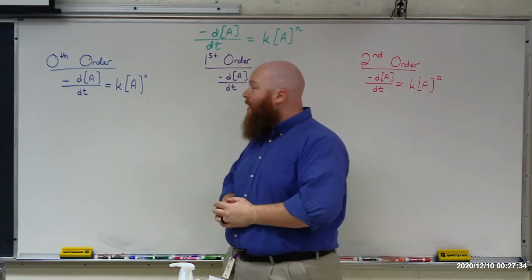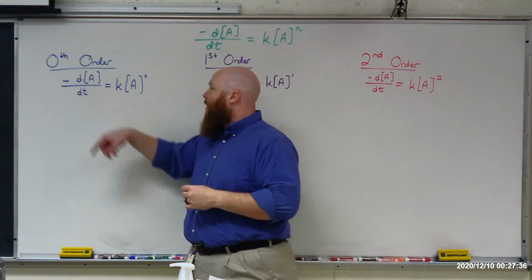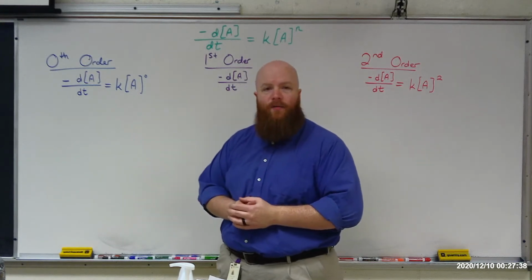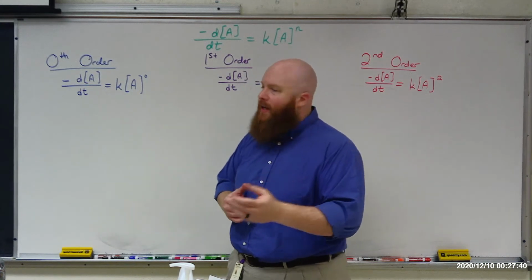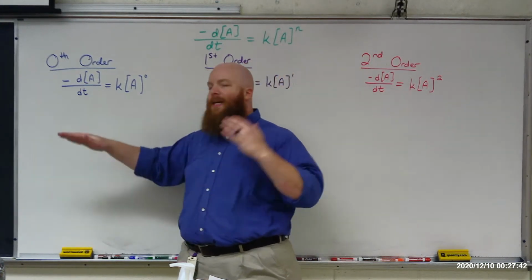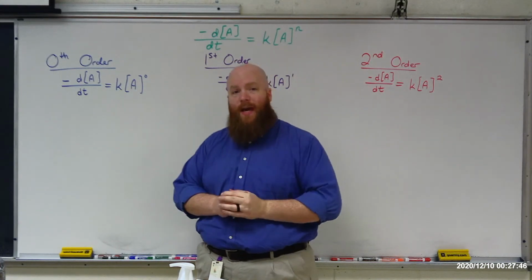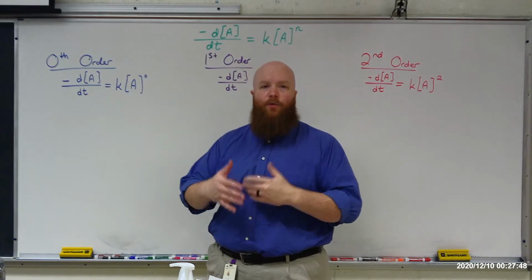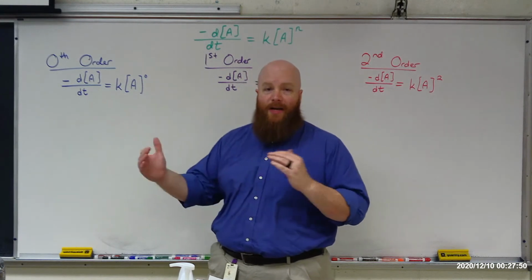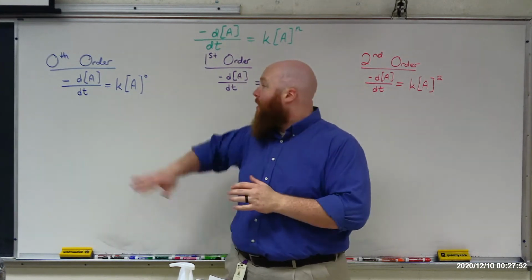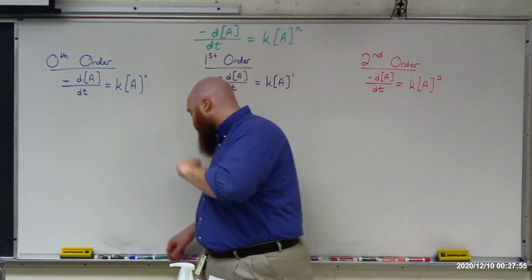And the way that we're going to find those original functions is by taking away the derivative. Well, how do I take away a derivative? I integrate. And so we're going to take each of these rate laws. We're going to first of all simplify them as much as we can. Then we're going to integrate the rate law and see what we get for each individual reaction order. Let's start with the 0th order reaction, see what happens.